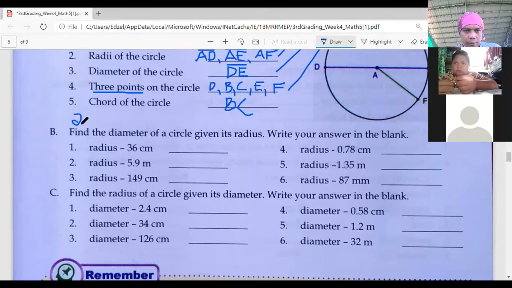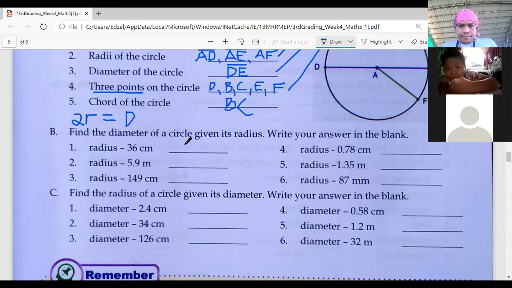Two radius is equivalent to one diameter. So therefore, kung ang radius is 36, pila ang diameter?